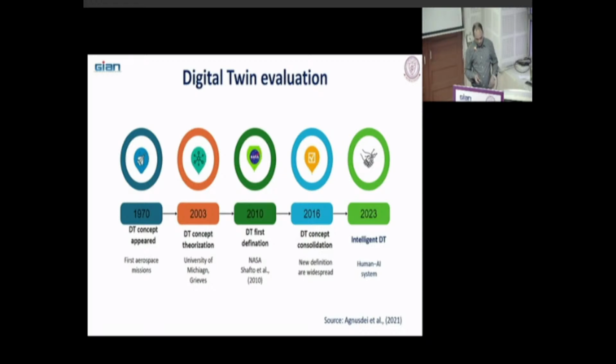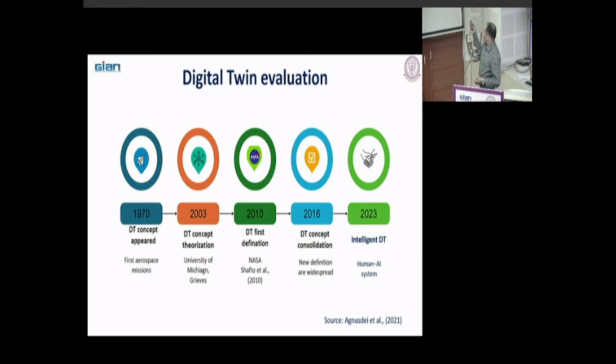And then in 2010, NASA officially defined the digital twin technology. We are going to see their definition as well, how initially they defined it. And then after 2016, you can see in academic literature and company reports that many definitions have appeared about digital twin technology.